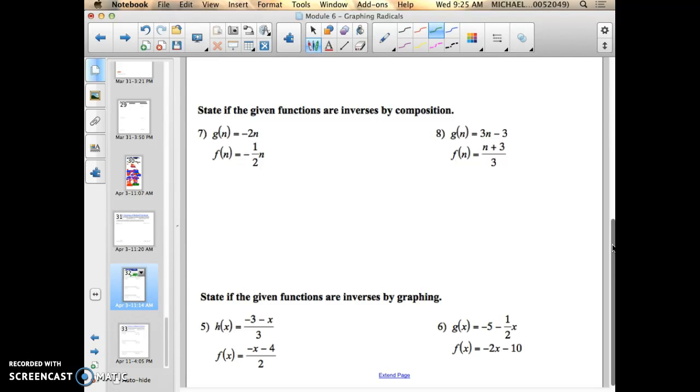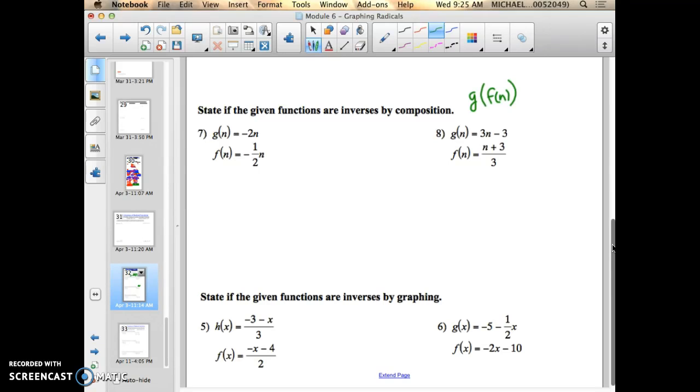So in order to compose one into the other, I have to put one function inside of the other function. So I'm going to pick the linear function to be the piece that is going to consume the other function. Let me say it like that. So I'm going to have the notation g of f of n, all right?